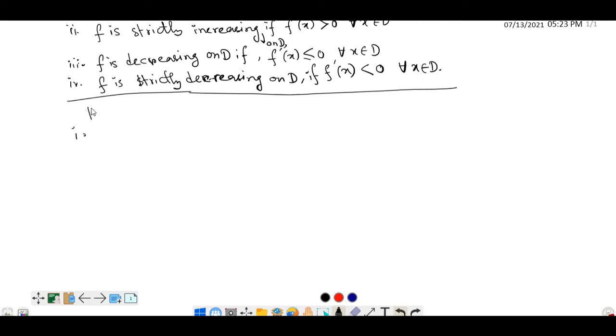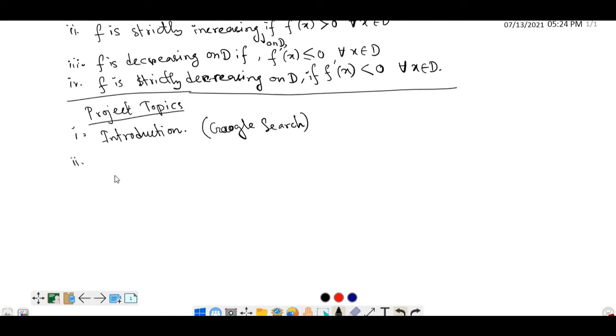First you give an introduction of the topic. You have to give some information about this increasing and decreasing function. You can do a Google search because you have to do something in the project on your own.